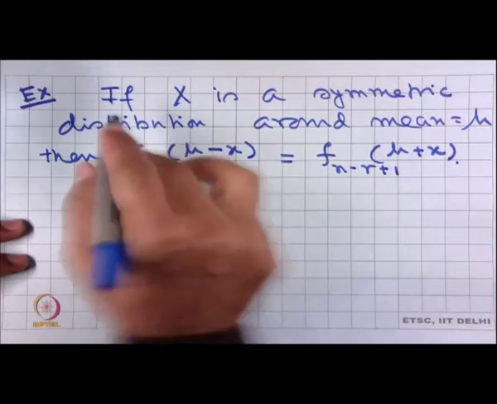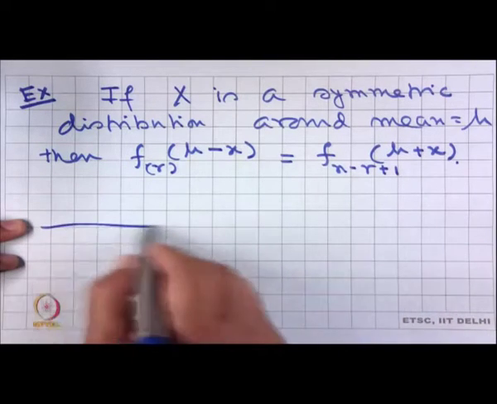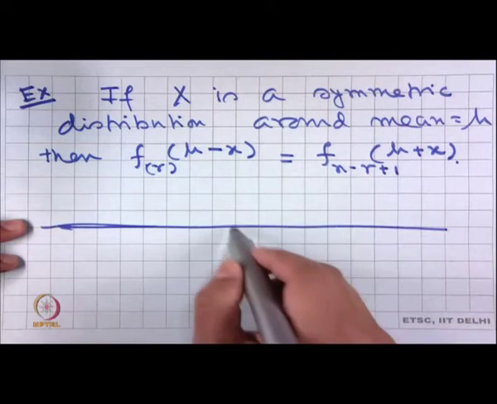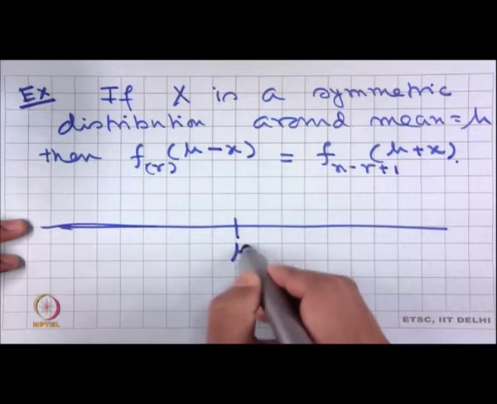That is, X is a distribution which is symmetric around the mean mu.